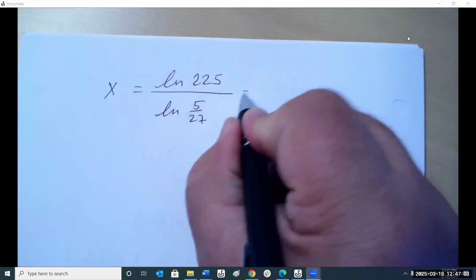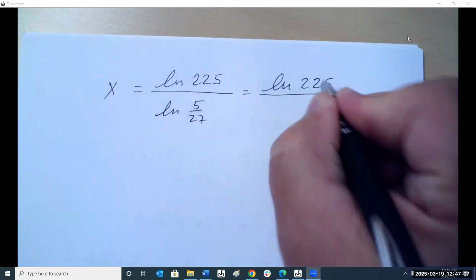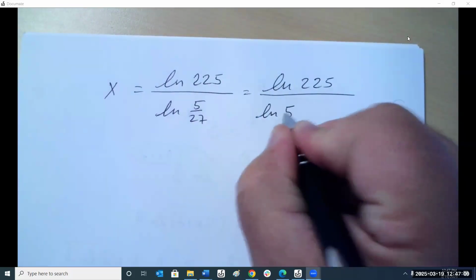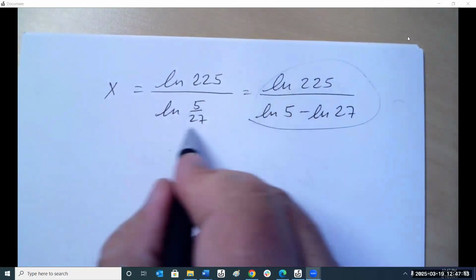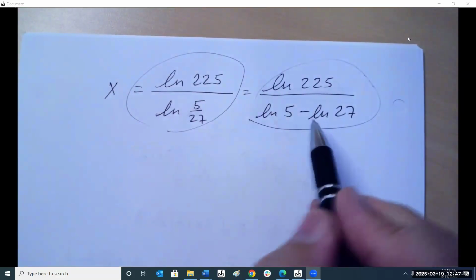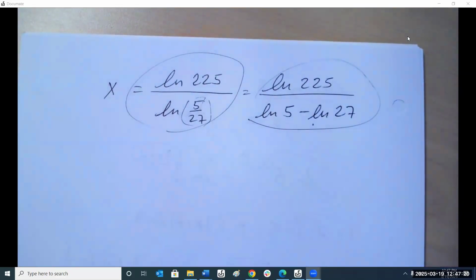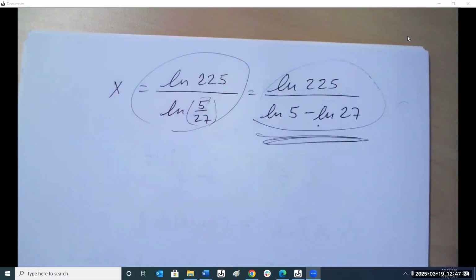I could either leave it like that, or I could leave it like this. Either one of these will work. This one looks cleaner because we don't want to have a fraction. So that would be our final answer.